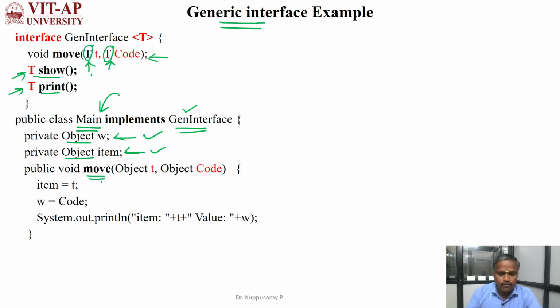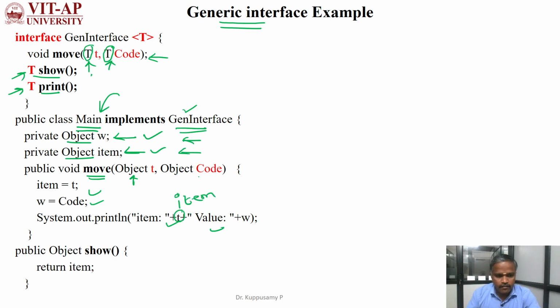Here I am calling the move method, which is receiving the arguments that we are giving in these two declaration statements. Then we are assigning them to different variables and printing them over here. Here also you can use either t or item for printing those values. Then this is the method object we are using.